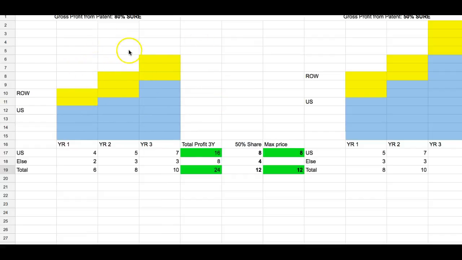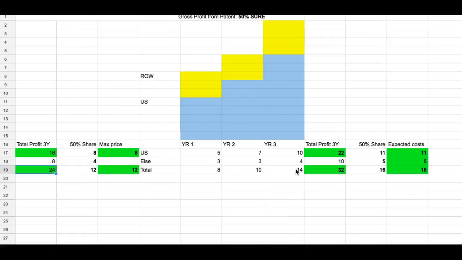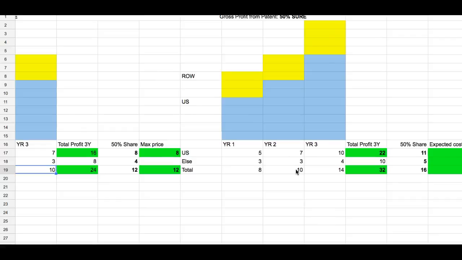But if I'm going to share profit, then I estimate that an equal profit share will cost me 16 million. What is the expected cost? The expected cost is that a profit share will be 16 million if I share 50%.